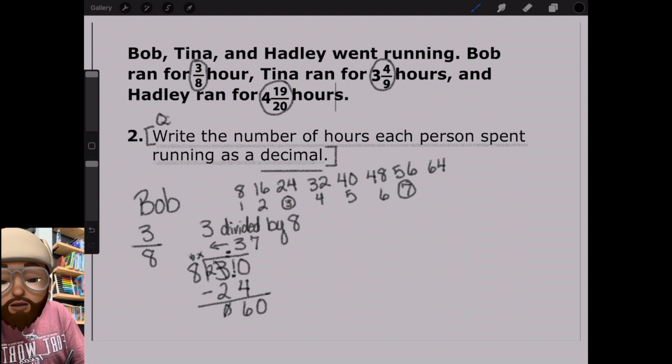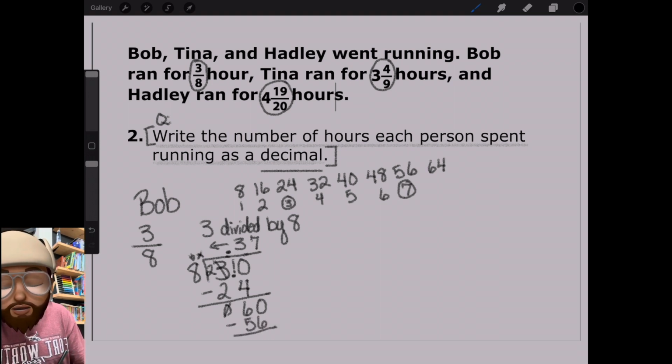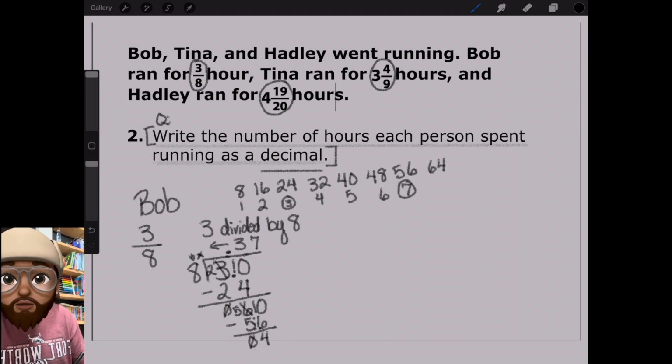So our next number up here would be 7. It would be 7 times 8, which gives us 56. Now we subtract 60 minus 56, borrow from there, 10, 9, 8, 7, 6, 5, 4. Now we have 5 minus 5, which equals 0. So there we have 4.